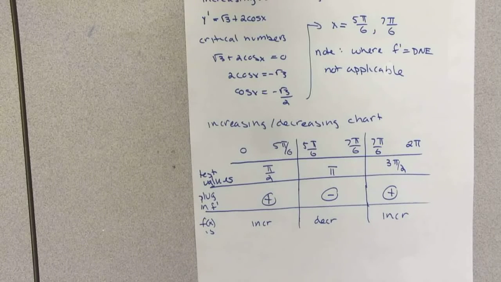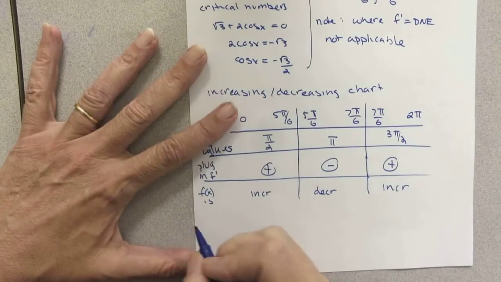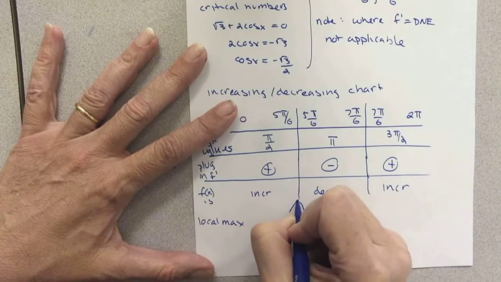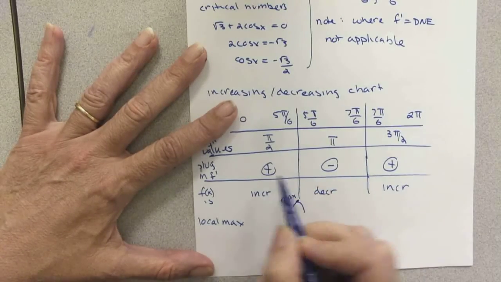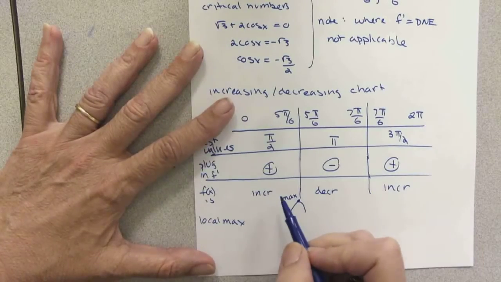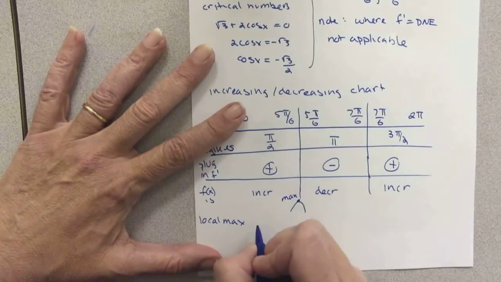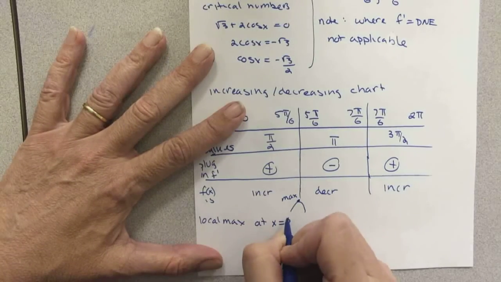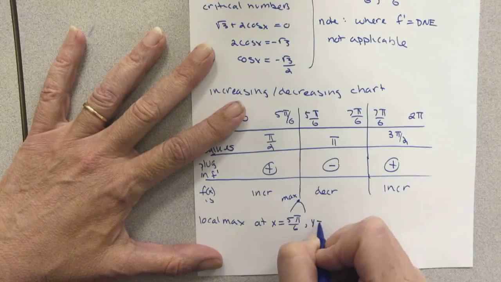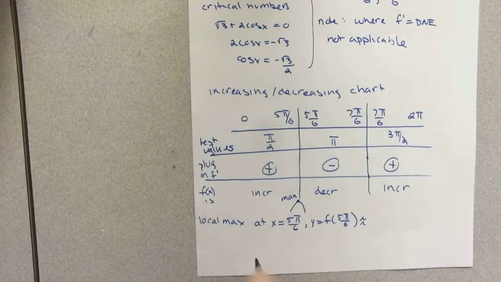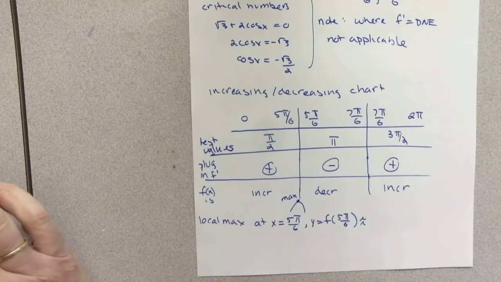And now that we have seen those changes, I can say local max and min. I'm going to have a local max on this first guy here, where the derivative changes from positive to negative, or the function itself changes from increasing to decreasing. I'm going to have a local max at x equal 5 pi over 6, y equal f of 5 pi over 6. And because we are graphing, I'm going to let you use decimals when we graph.